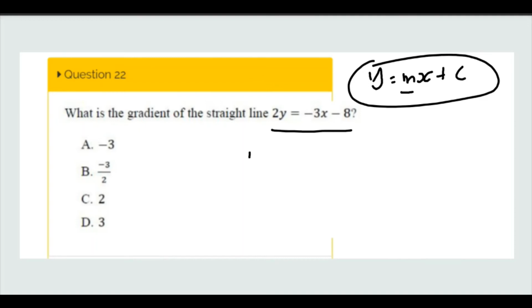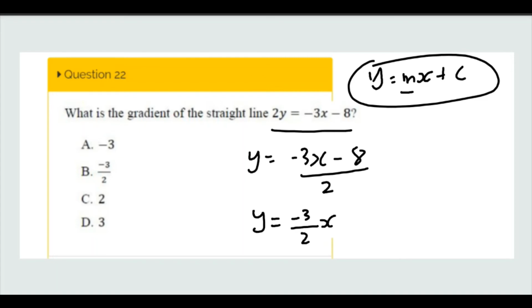So y will be equal to negative 3x minus 8, all of that divided by 2. So y will be equal to negative 3 over 2 x minus 8 over 2. So the gradient here will be negative 3 over 2, which is B.